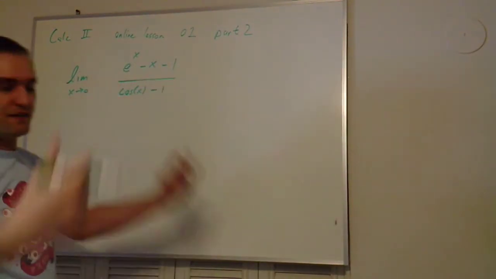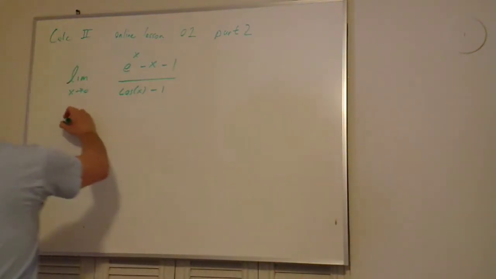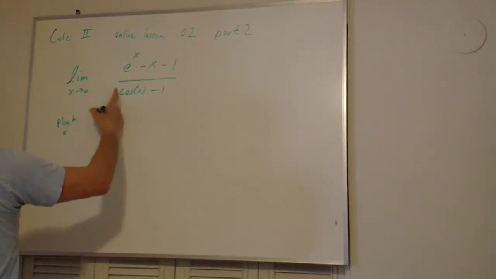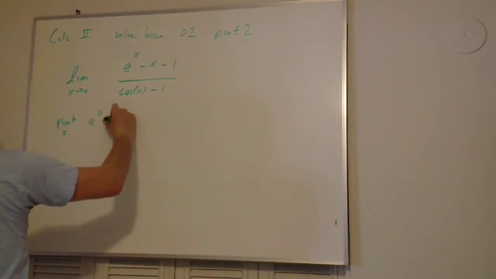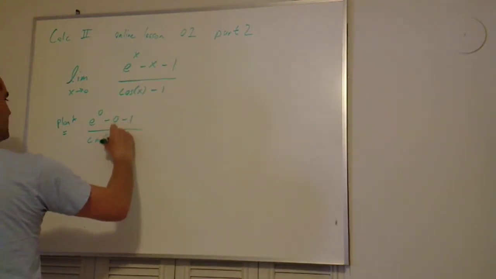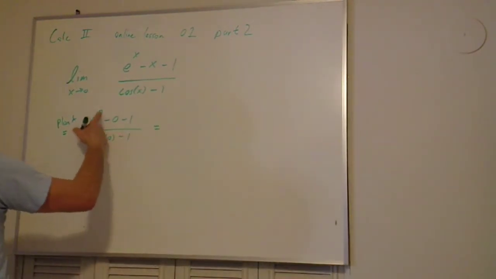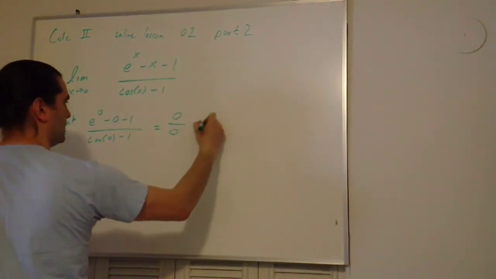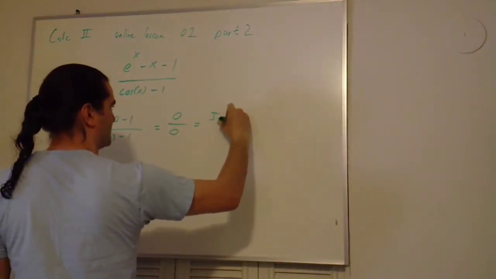So, as in all limits, we start with plan A. Plan A will get us e to the 0 minus 1 over the cosine of 0 minus 1. That's 1 minus 1 is 0 on top, 1 minus 1 is 0 on the bottom. That's indeterminate.